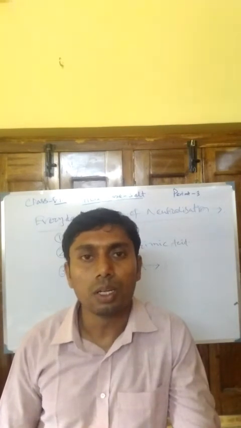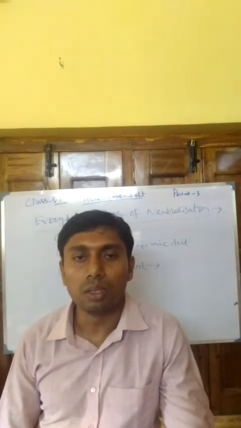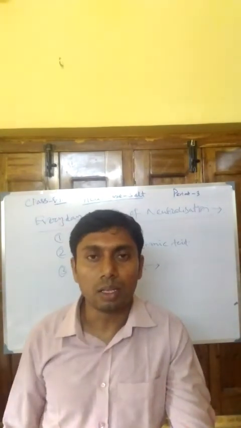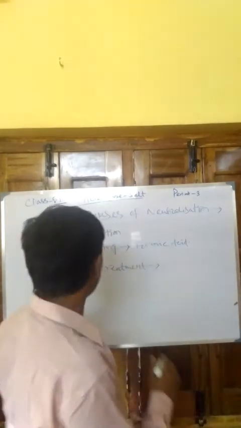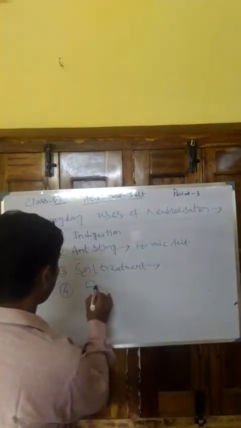That is, if the soil is acidic in nature, then we should use a base, and if it is basic, then we should use some organic compounds so that the soil again becomes neutral. So the third one is soil treatment, and number four is factory waste.